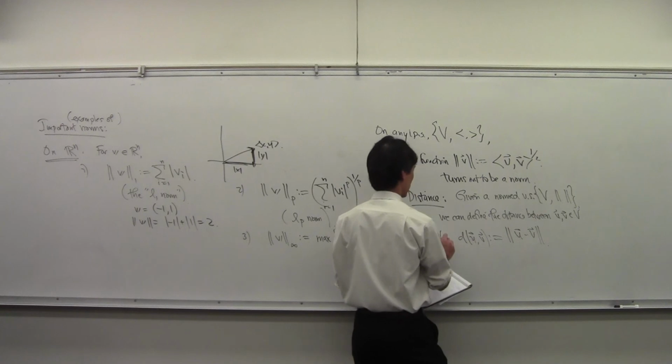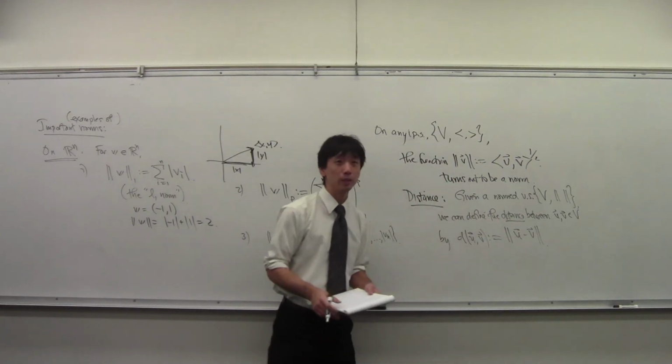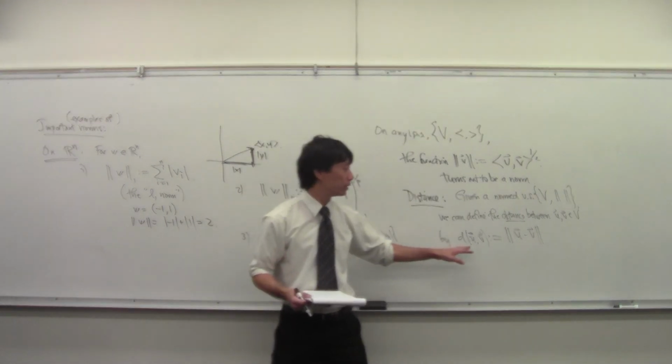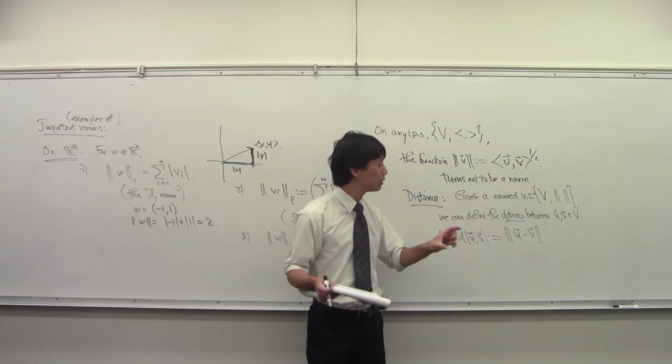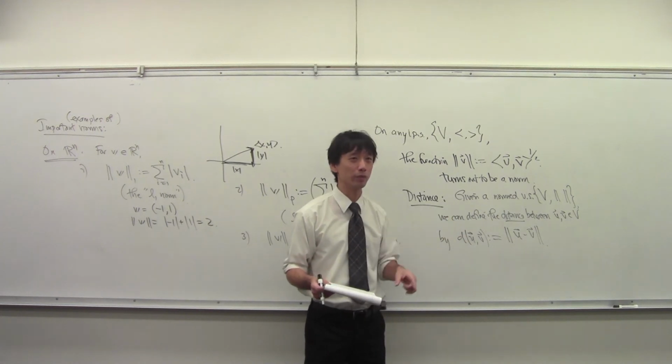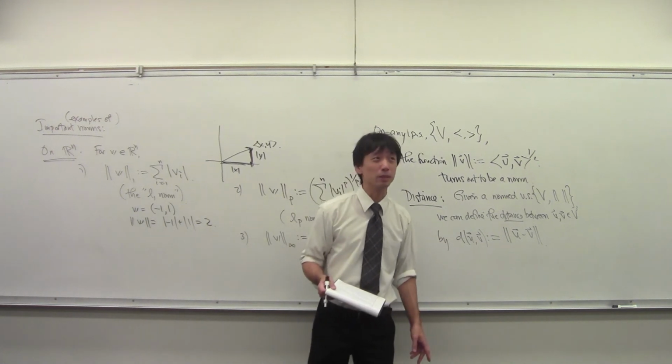Okay. Just like in Euclidean space, right? If you take the magnitude of the difference of two vectors, that gives you the distance between those two vectors. Okay, so you can talk about distance and stuff.